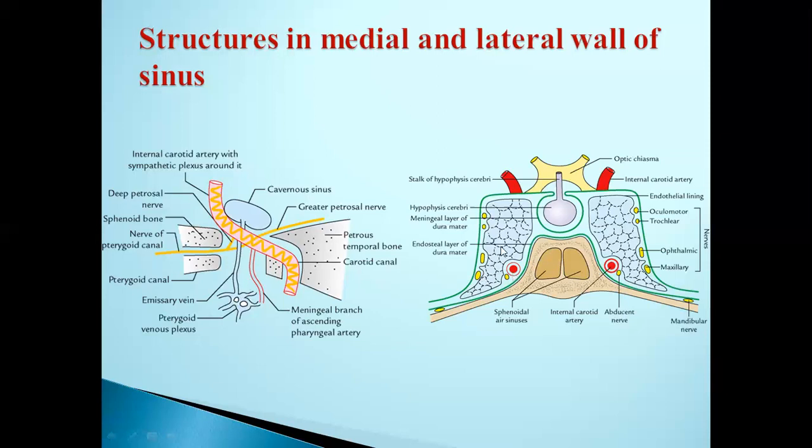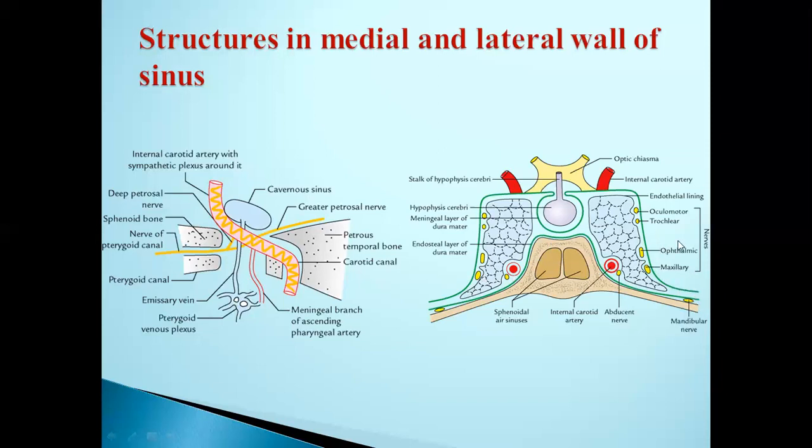This is medial wall. Now in the lateral wall, four important nerves: oculomotor nerve, trochlear nerve. These both are near the superior orbital fissure. So anterior part of sinus is near the superior orbital fissure. Then you have the ophthalmic nerve, maxillary nerve, and the trigeminal ganglion in this area.